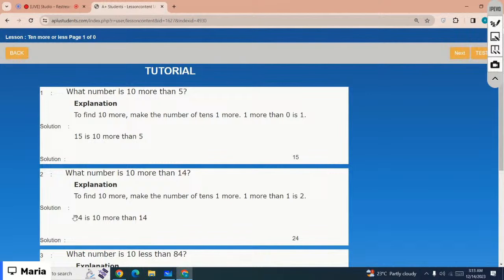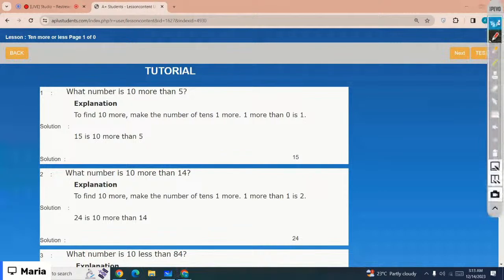The number you are given is 5. You need to make it 10 more, so just add 1 as a tens digit. When you add 1 as a tens digit, that is 15. So 15 is 10 more than 5, right?